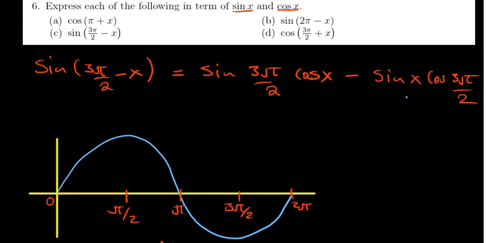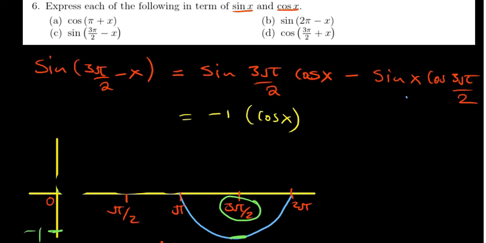So for this one, what we have is 3 pi over 2. For sine, 3 pi over 2 is at negative 1 there. So we have a negative 1 there, and then cosine of x. Now for the cosine graph, which starts from there and comes like this, it's 0 there.